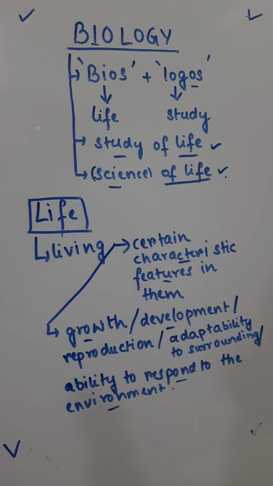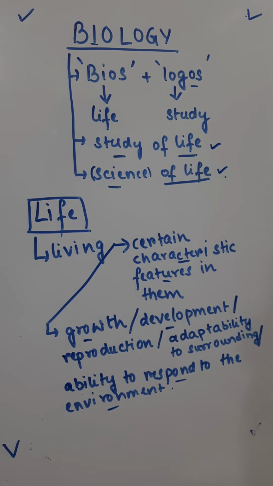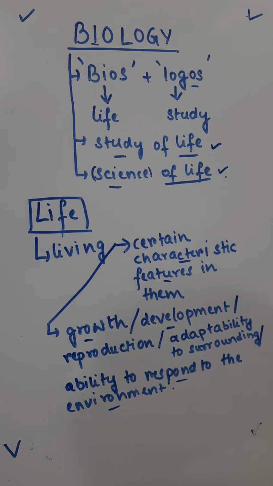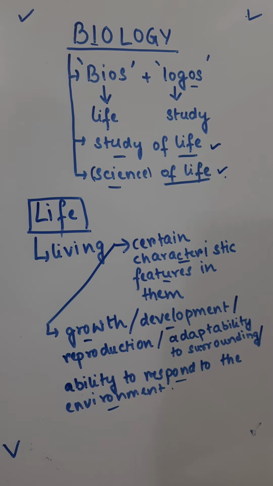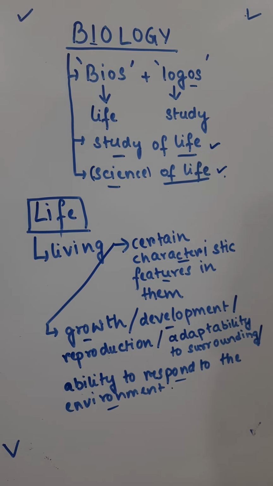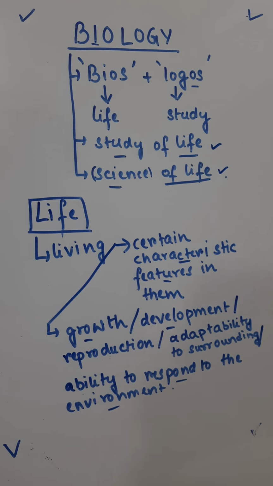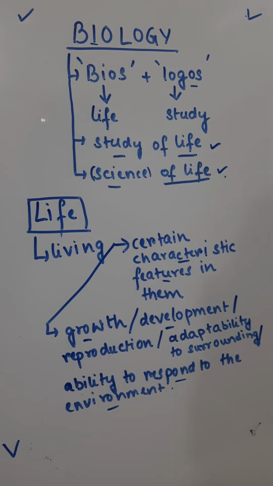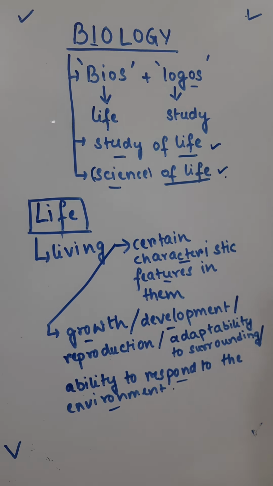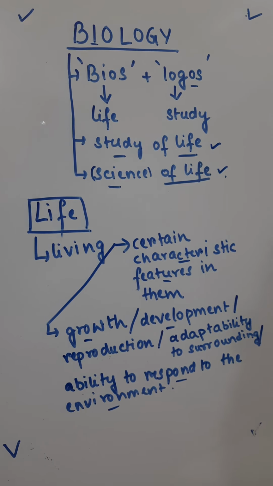They should show growth, they should show development, they should be able to reproduce. They should be able to adapt themselves to the environment or the surrounding, and also they should be able to respond to the environment.